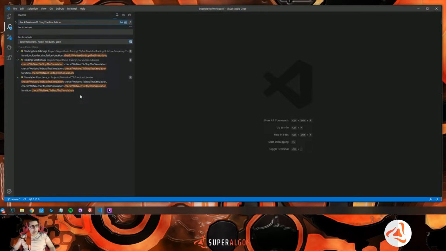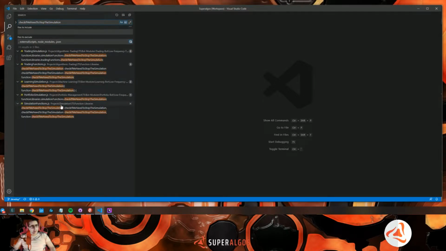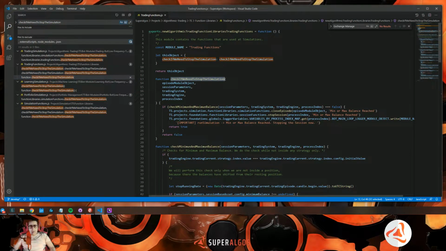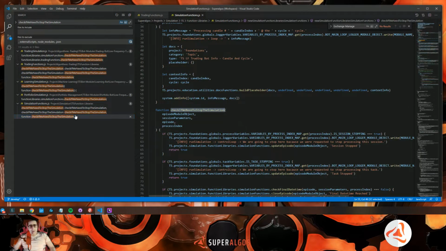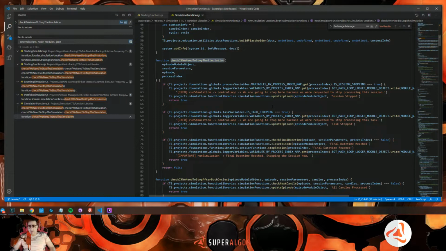Okay, there it comes. So you have these two, trading and simulation. In trading, you're going to check the minimum balance. Okay, we don't have that problem in simulation. In general, we're going to check if the session stopped or the task stopped or the final date was reached.